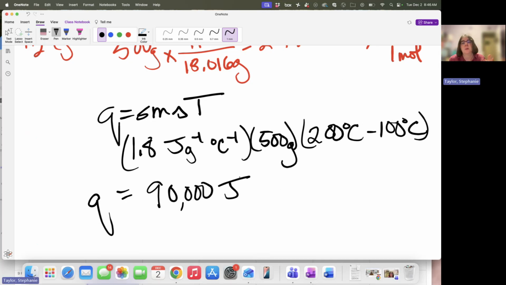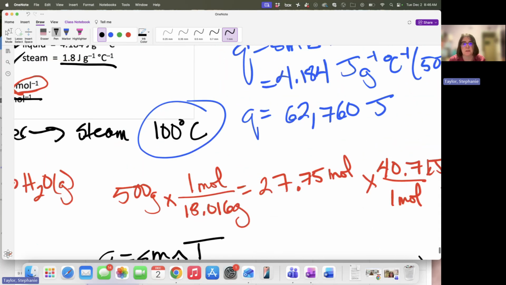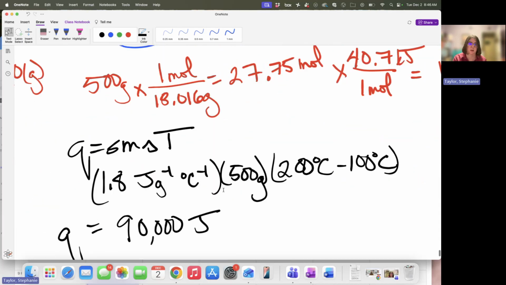For a final answer, I do have to add all of these together. So for a final answer, I'm going to go ahead and work in kilojoules because that's just a little bit smaller. So this divided by 1,000 is 62.76 kilojoules. So I'm going to take 62.76 plus 1,129.6 plus whatever my final number is, 90.